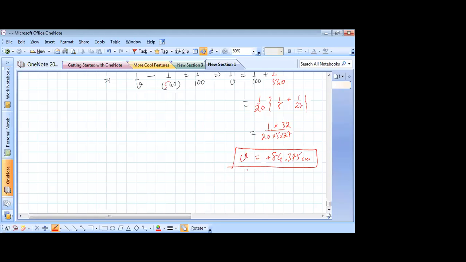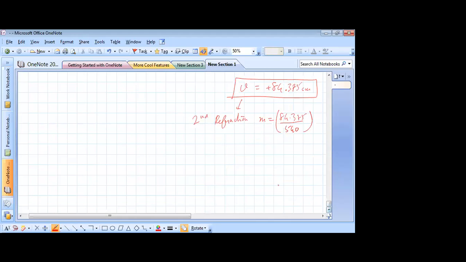So you can see that the second refraction produces a magnification of something like this, by 540. So let's say that height is h double prime.